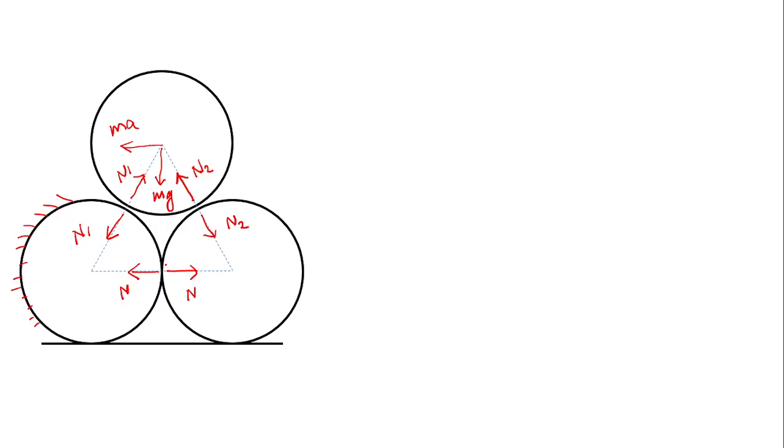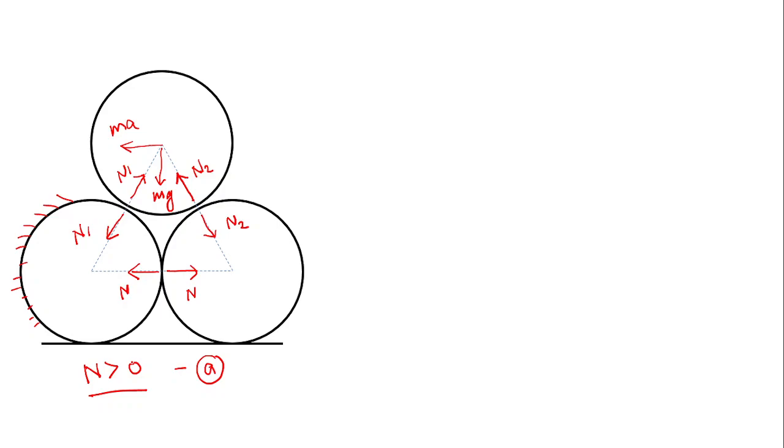Now what do you think our strategy should be? The ball must not leave the contact here, that means our n should never be less than 0. n should always be greater than 0, in order to ensure that these two balls remain in contact, because if n becomes 0, that means they lost the contact, which we don't want. So n should be greater than 0.